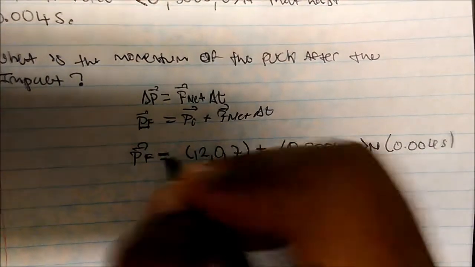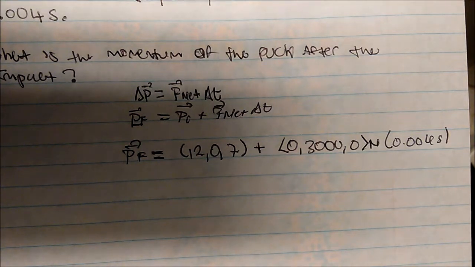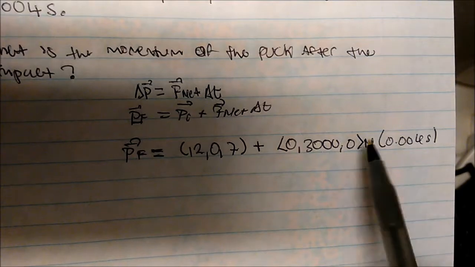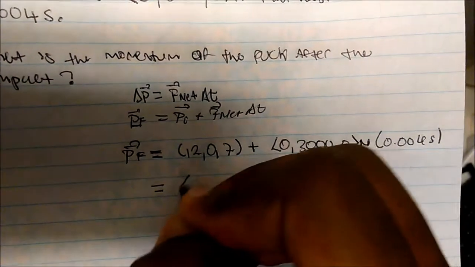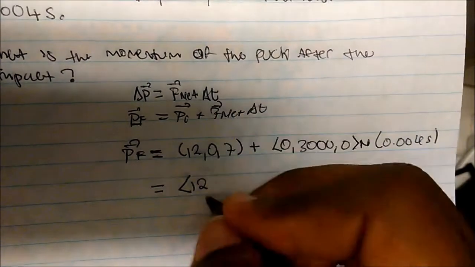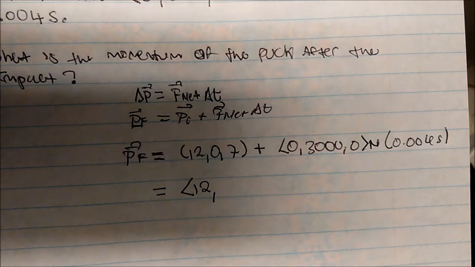So all this does is force us to take out our beautiful calculator and plug in some numbers. Anything times 0 in the x direction is 0, so the momentum final is going to be 12 in the x direction. What about in the y direction? Not so clear.